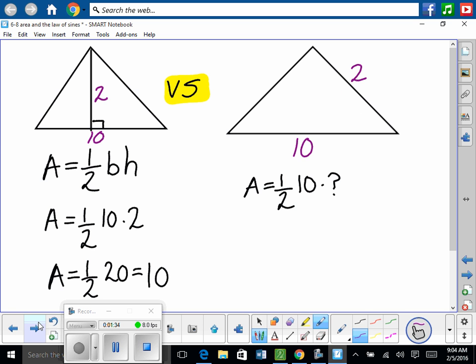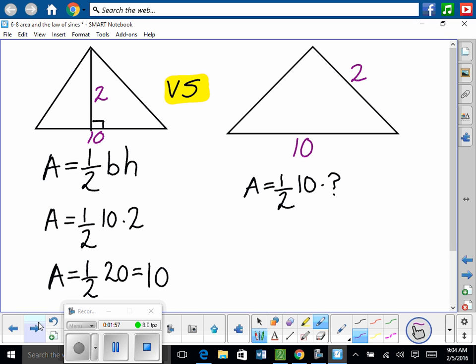Now, what if we're looking at something like this instead? So looking at this, does everybody see how we have a line drop perpendicular? When I say that, that means drop down to a 90-degree angle. So I have this triangle, and I have a perpendicular line drop down with a 90-degree angle. So if I said to you, find the area, you'd say, I'm going to use 1/2 times base times height. Well, what if I gave you this kind of triangle?